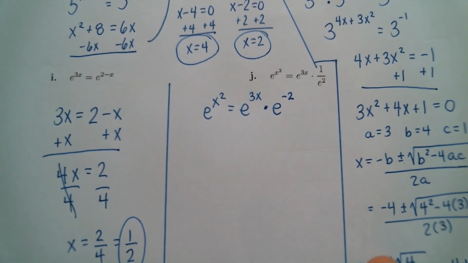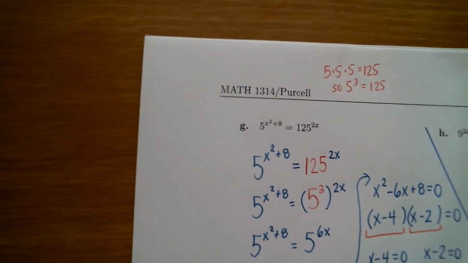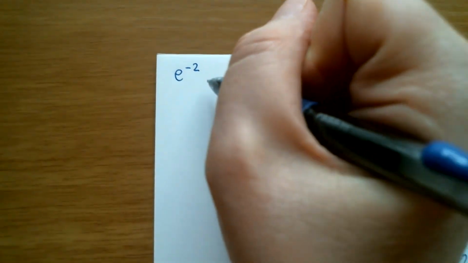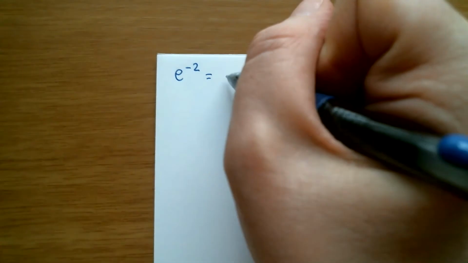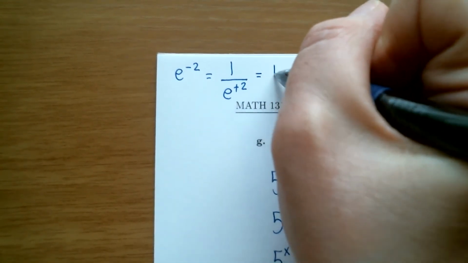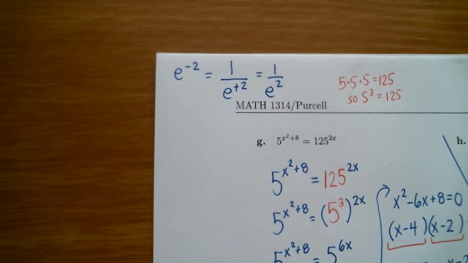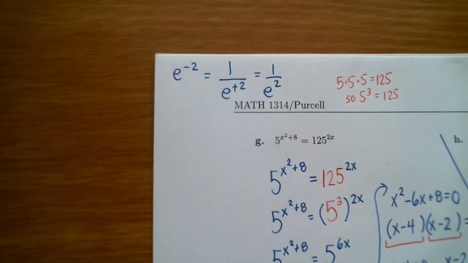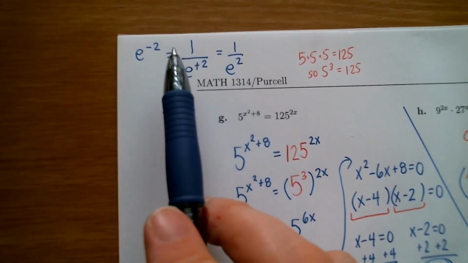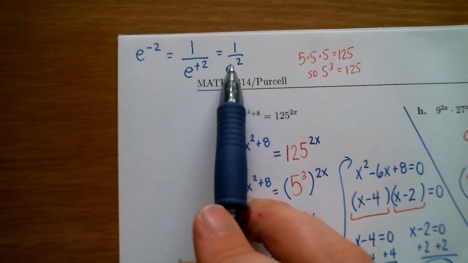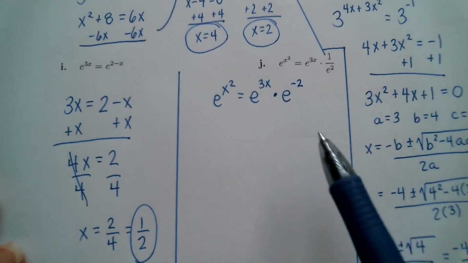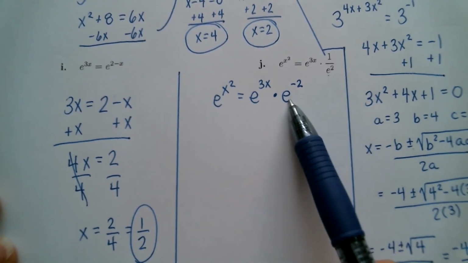So remember, if I go out to the side over here where I have some room, e to the -2, that's the same thing as, if you wanted to eliminate the negative exponent, you would do 1 over the something, change the sign, you get 1 over e squared. So 1 over e squared is the same thing as e to the -2. Okay, so this rule works both ways, whether you want to eliminate the negative exponent or you want to eliminate the fraction. So this is the same thing as this.